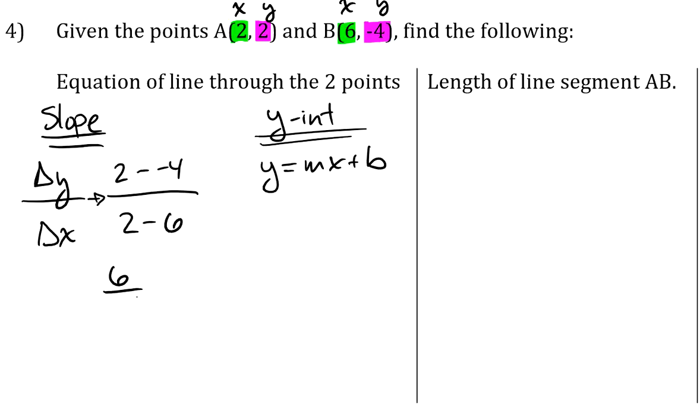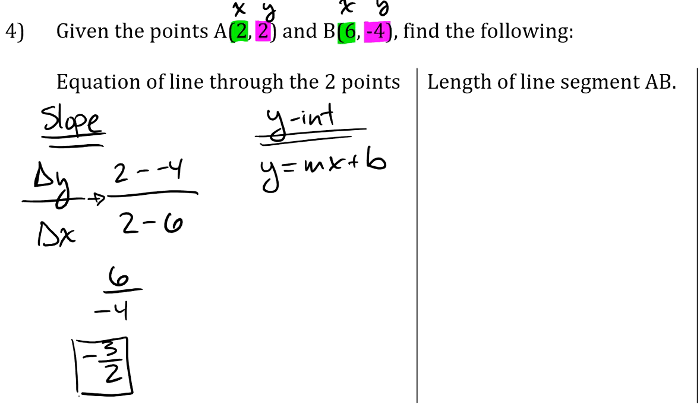In my denominator, I have 2 minus 6, which is -4. So my slope will simplify to -3/2. This is the slope. 6 over -4 is equivalent to -3/2.